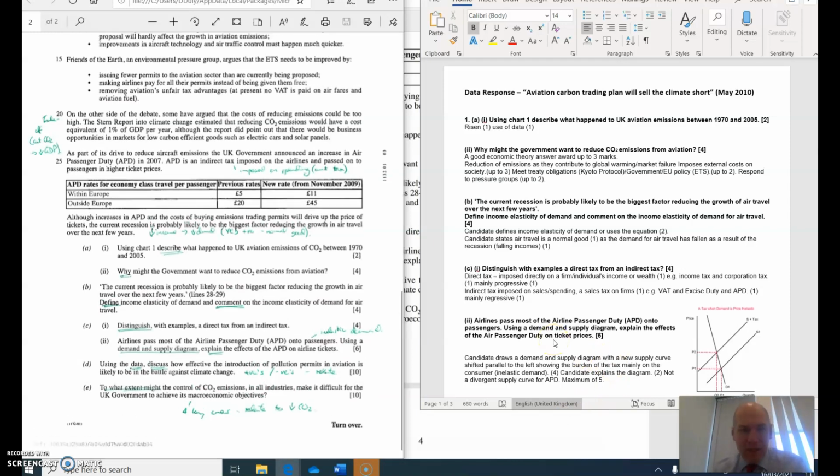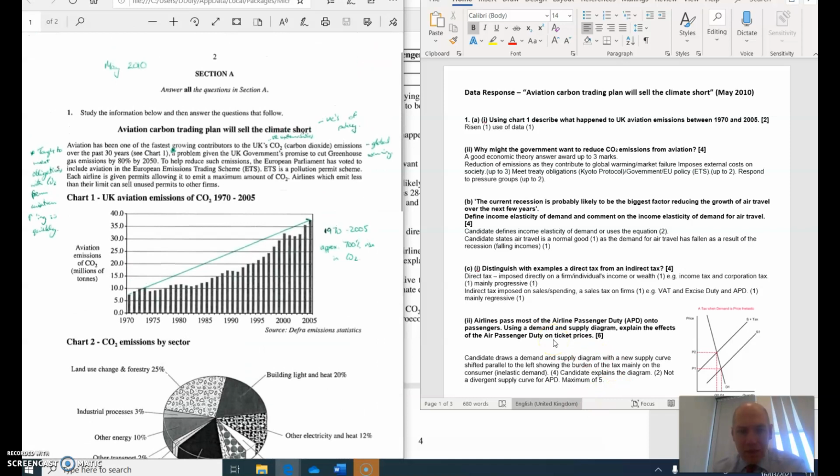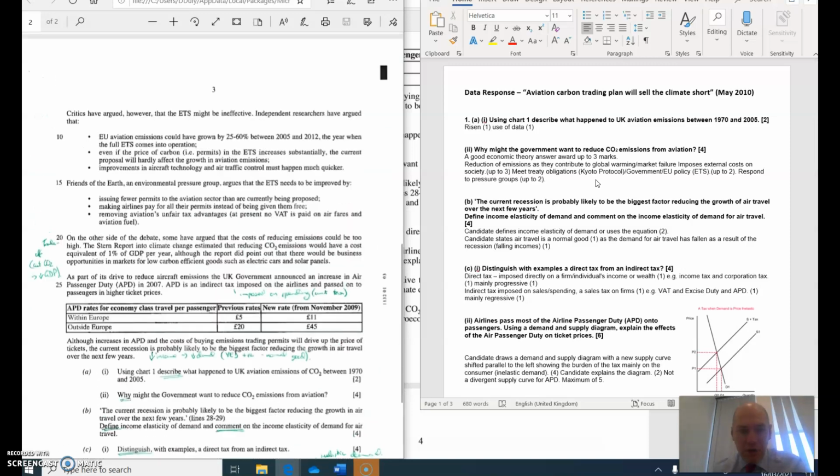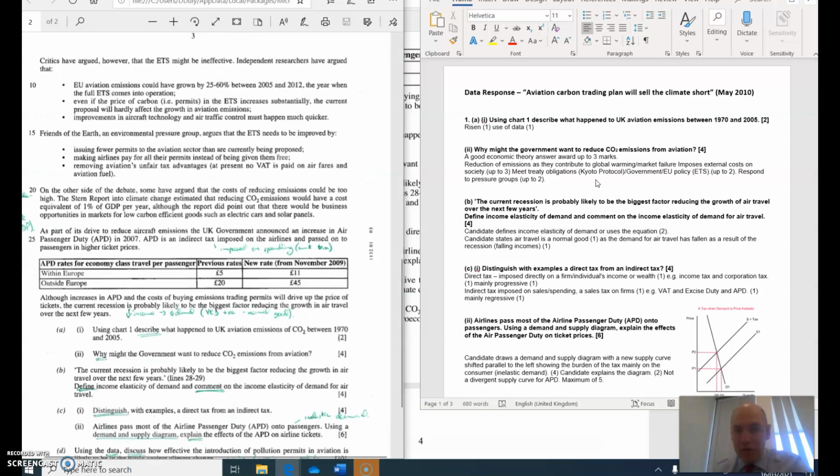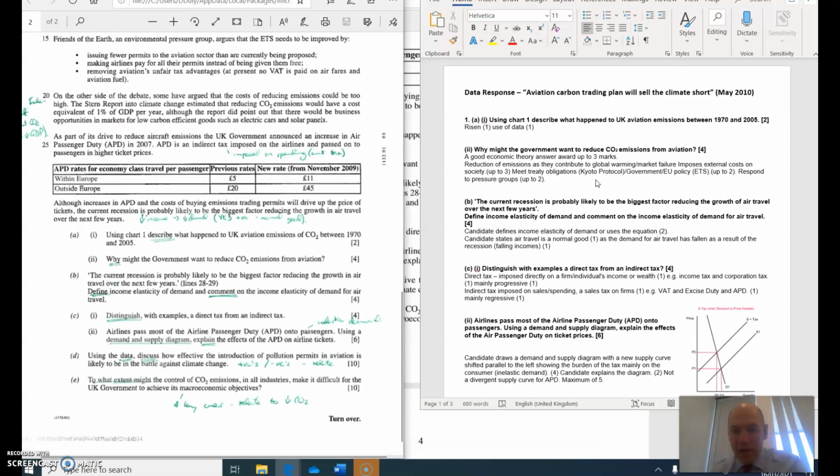The key thing is we've mentioned some of these points already. This is to reduce negative externalities, to reduce global warming. We talked about meeting their obligations as well. So most of these points are already covered. You want to reduce global emissions, to reduce market failure, to meet the obligations of the Kyoto Protocol and EU policy, and also to respond to pressure groups such as Friends of the Earth.